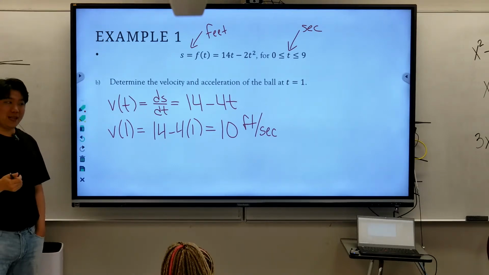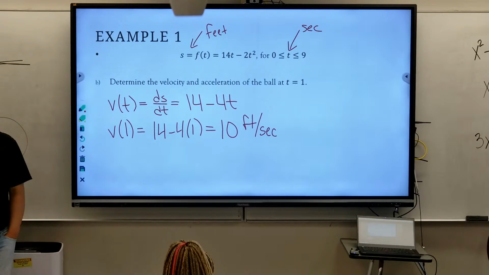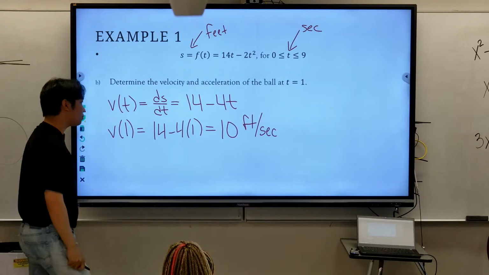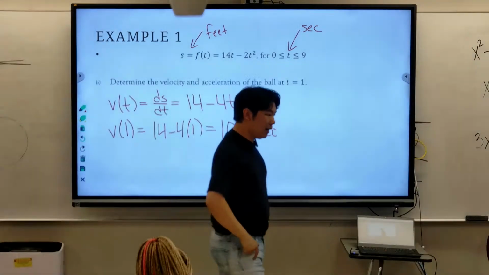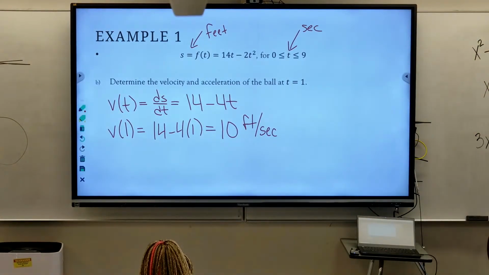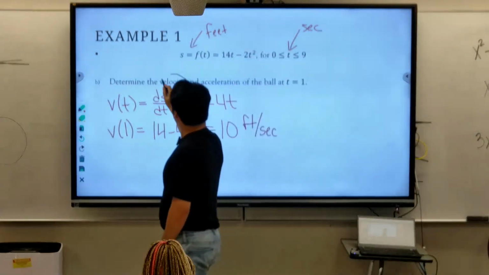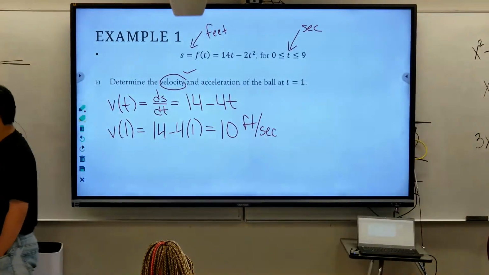Position is measured in feet, time is measured in seconds, so I have feet per second. All right, so again, my velocity after 1 second is 10 feet per second. So this soccer ball is actually moving at a pretty fast rate. So velocity at 1 second, done.